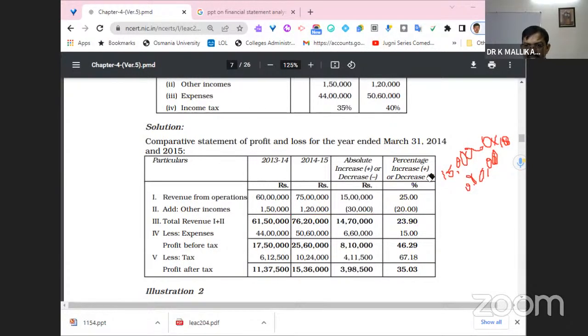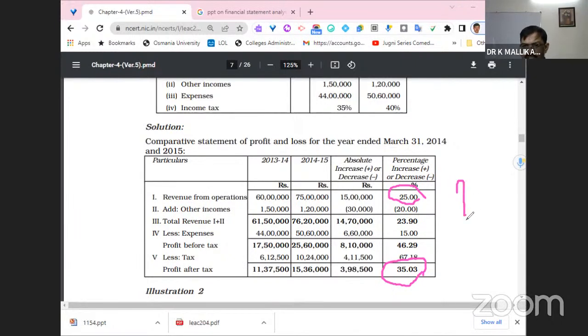Okay, the sales are increased by 25%, right? Whereas your income after tax increased by 35%.